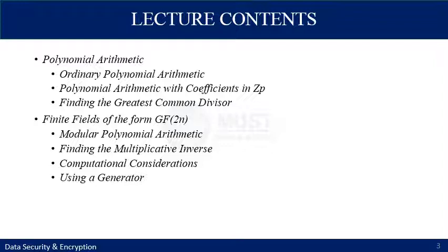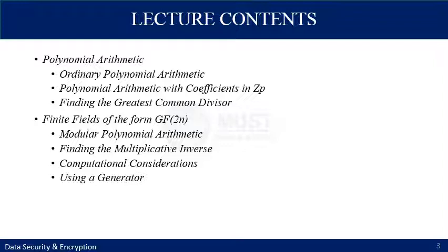In this topic we are going to discuss modular polynomial arithmetic, and we will find a way to find the multiplicative inverse of a number. Similarly, some computational considerations will be discussed along with the concept of using a generator to generate a set of polynomial expressions.